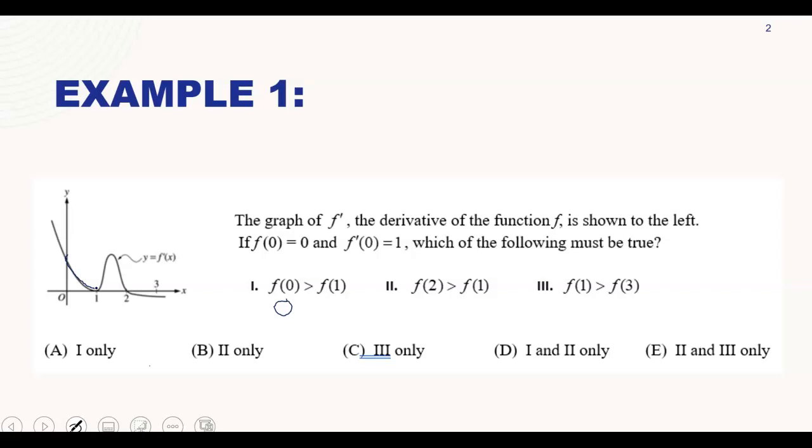If f prime is decreasing, my original graph is, yeah, it's increasing though. That's the key piece of information, right?